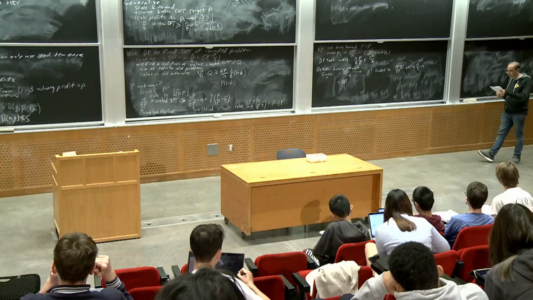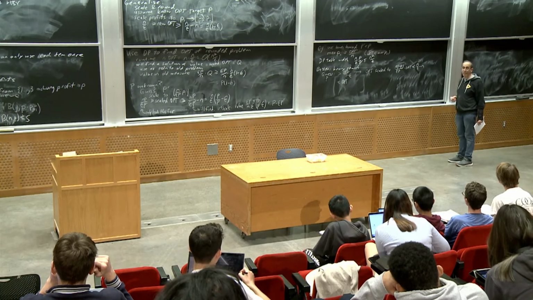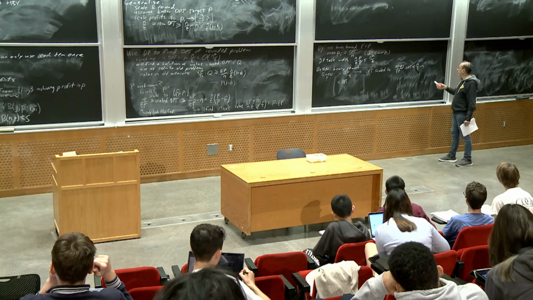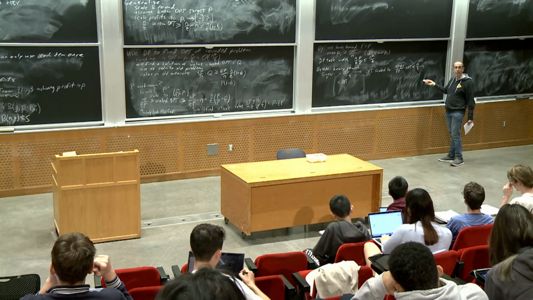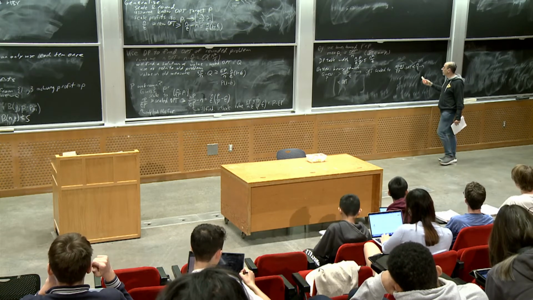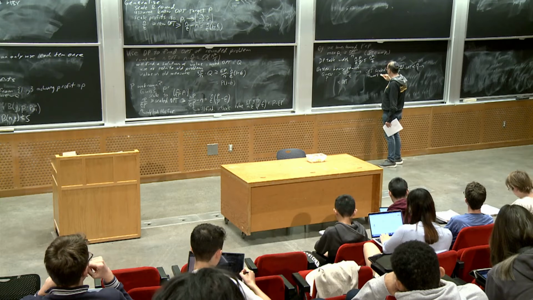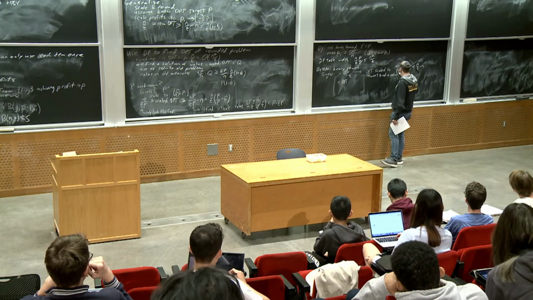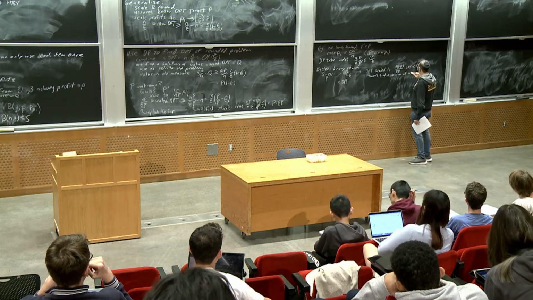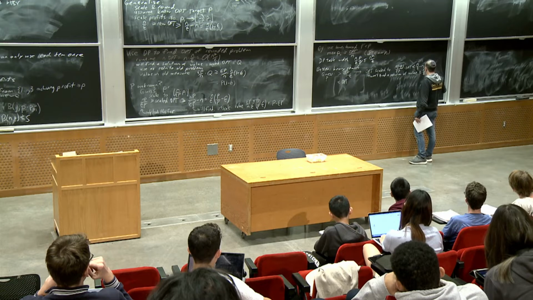Okay? If we have guessed too large a value, then the scaled optimum will get too small because we scale down by our guess. Okay? Which means that you won't find a solution of value at least n over epsilon minus n.